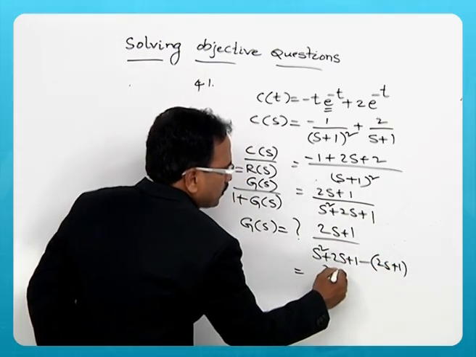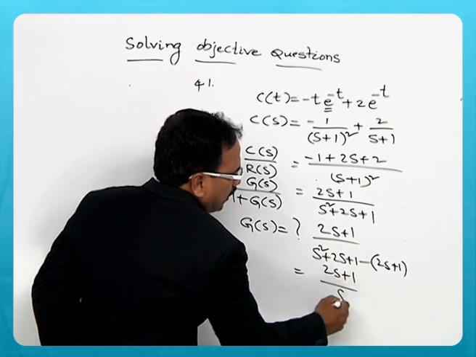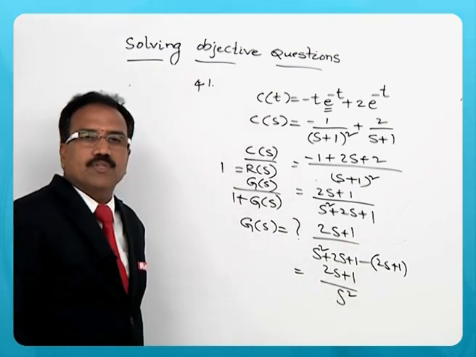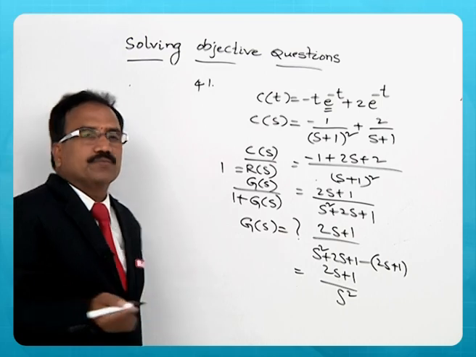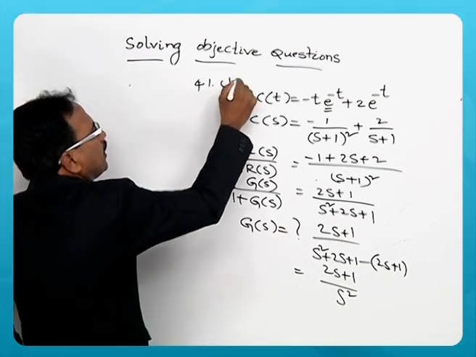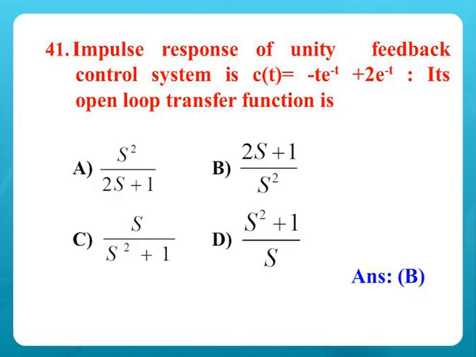So it becomes (2s+1)/s². So option B is the right answer here. C(t) impulse response is given, then its open loop transfer function is given by (2s+1)/s². Option B is the right answer.